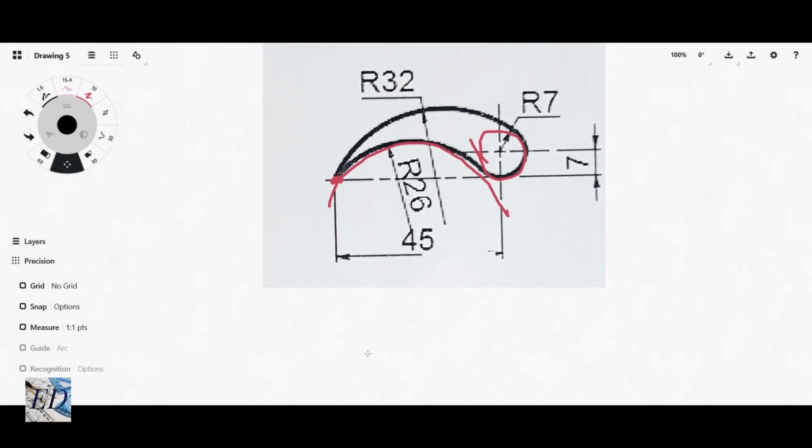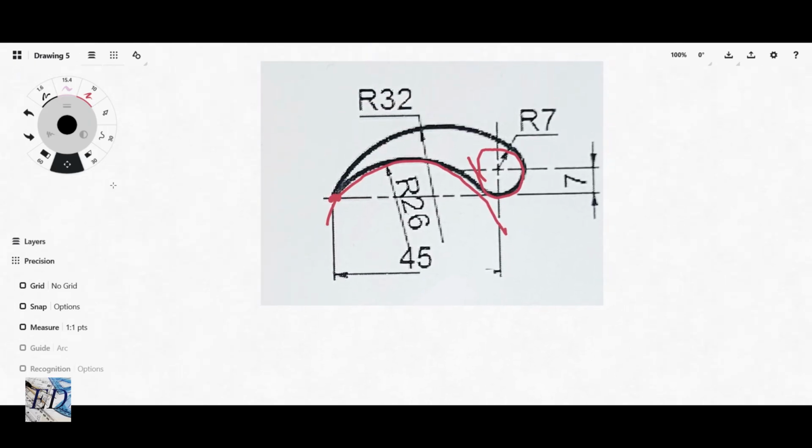I forgot to mention, or did I mention that earlier? But the distance between this and this is 45, right?